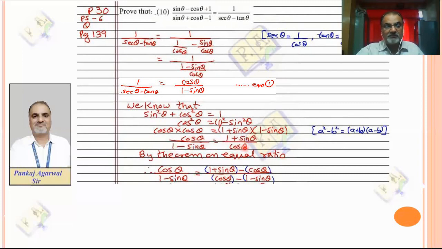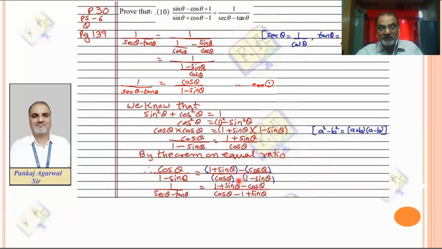But while I'm subtracting, I use the right side ratio minus the left side ratio: 1 plus sin theta minus cos theta whole upon cos theta minus the whole of (1 minus sin theta). If I open the bracket, what is minus into minus? Plus. I'll write the answer as 1 upon sec theta minus tan theta, because these answers are same.